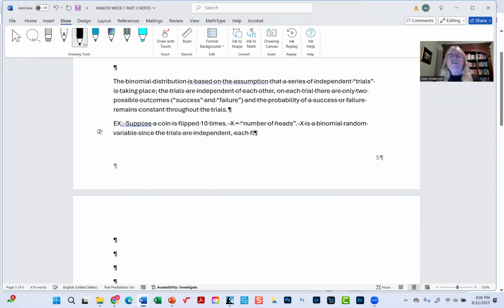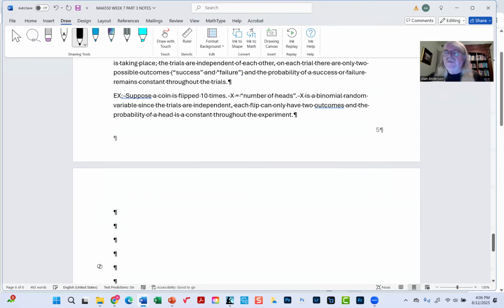Each flip will only have two outcomes, and the probability of a head, or success, is constant throughout the experiment. Then the probability of X having any particular value will look like this.